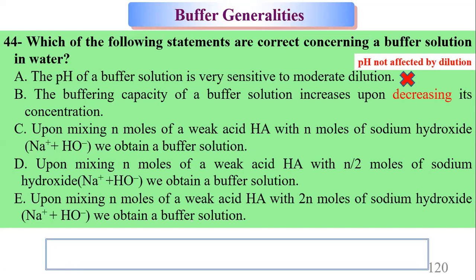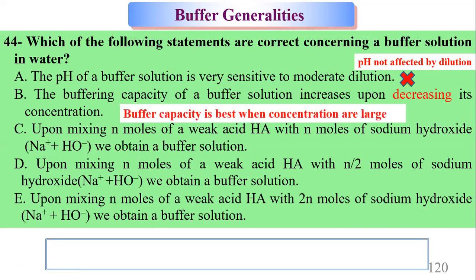And last but not least, the concentrations of the acid and the base are best when they're larger. So when your initial concentration is large. When the initial concentration is actually small, you could only pick up a certain amount of acid or base in the medium. And so the buffering capacity of a buffer solution increases upon decreasing its concentration is incorrect, actually.